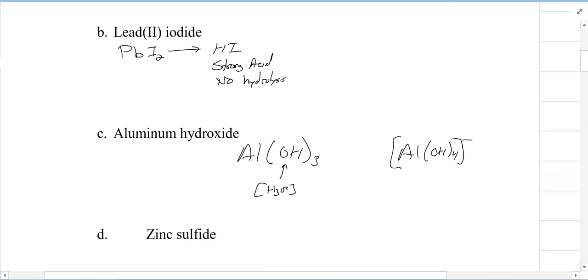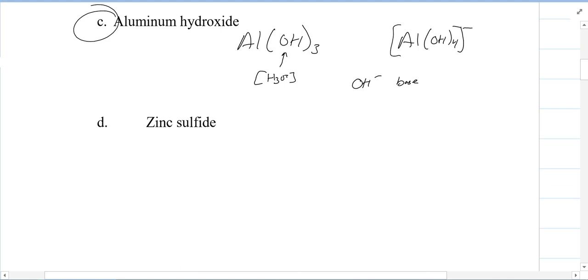And so that will actually happen. I think it's above pH 10, it might be pH 12. So it is a complex. But anyway, since OH minus is a base, aluminum hydroxide is more soluble in acidic conditions. The hydroxide, of course, reacts with hydronium.